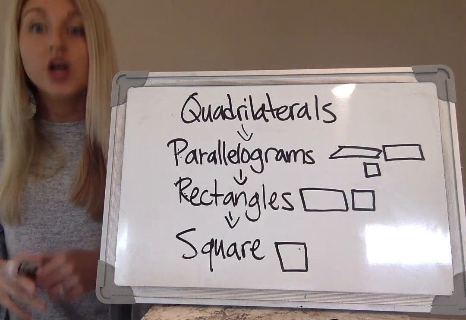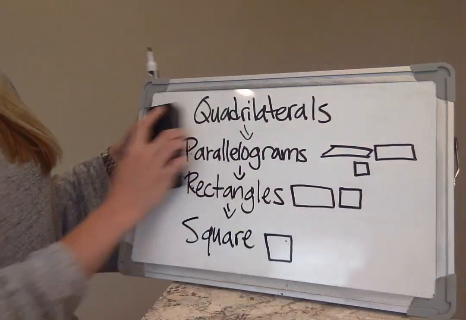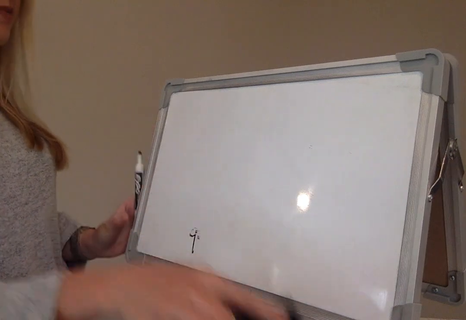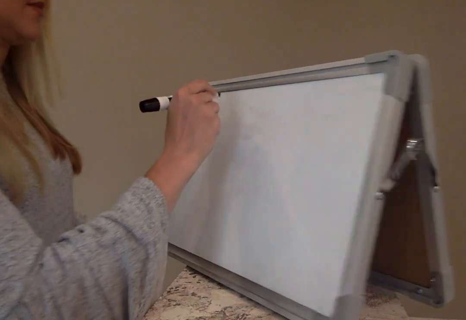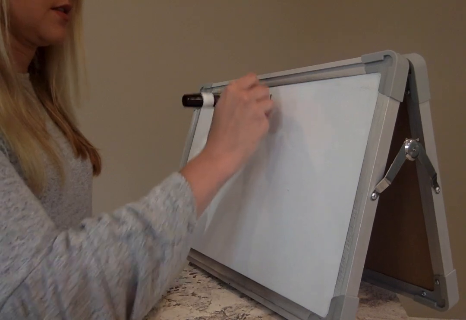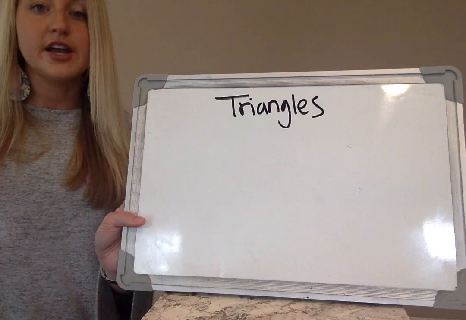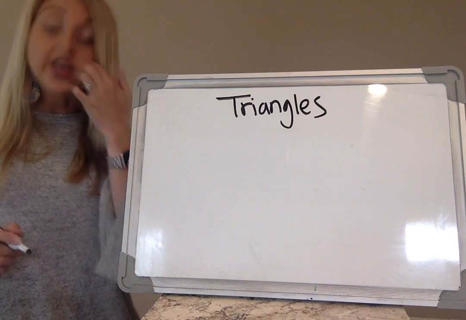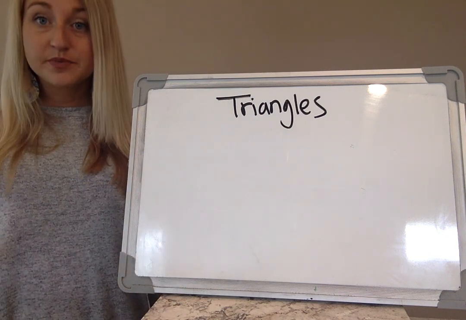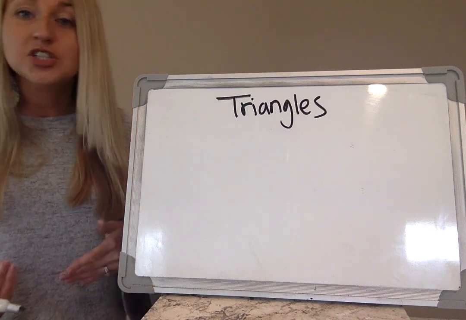Let's do one more with triangles. So, my category this time is triangles. Every subcategory I put under this, they all have to be triangles. So, let me just draw a couple pictures.